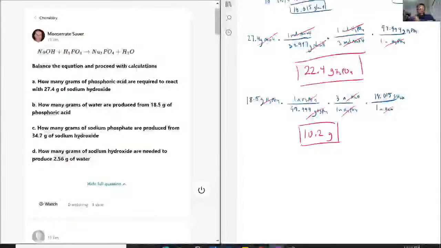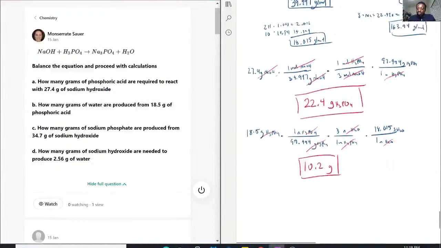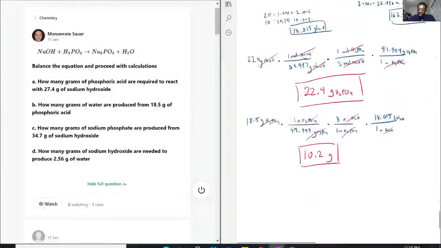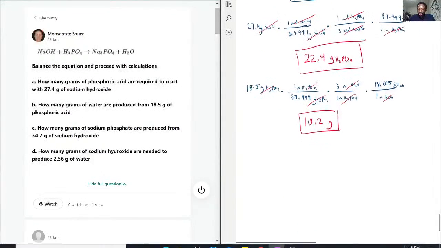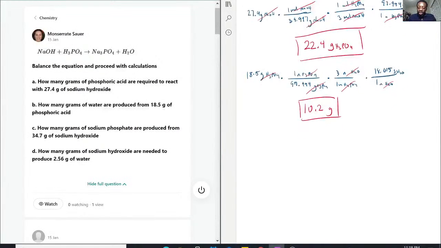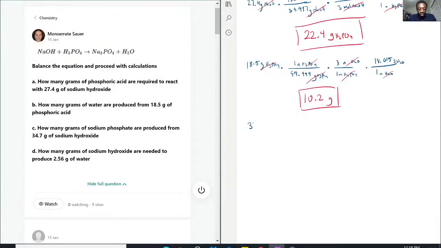Now, how many grams of sodium phosphate are produced from 34.7 grams of sodium hydroxide? So, now, same thing again. We start with sodium hydroxide. We have now, let me just make sure, 34.7 grams of NaOH.